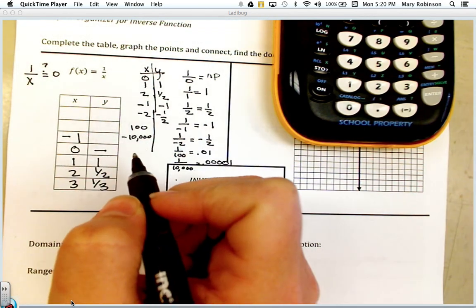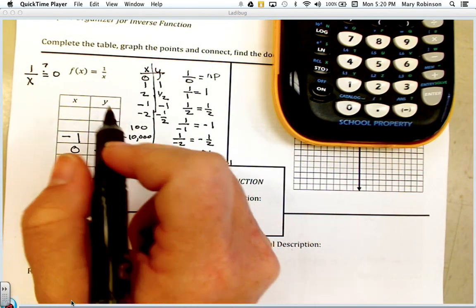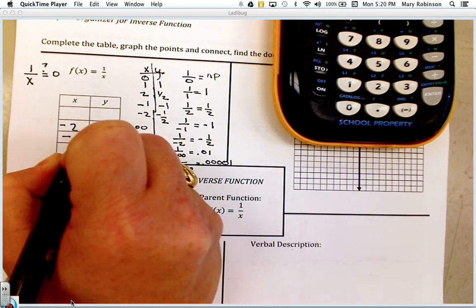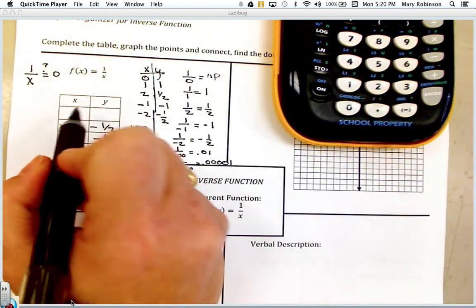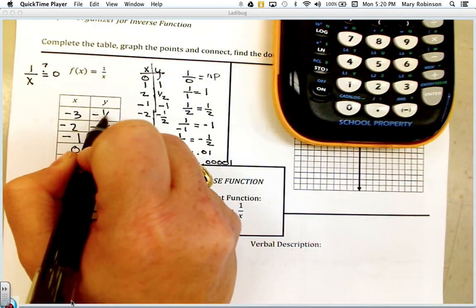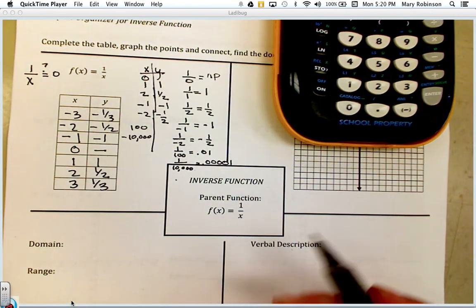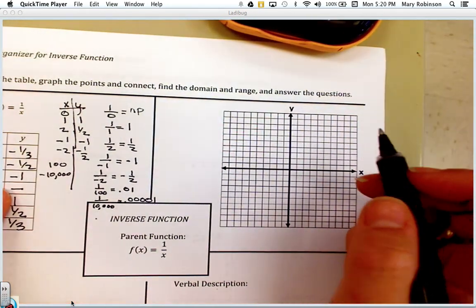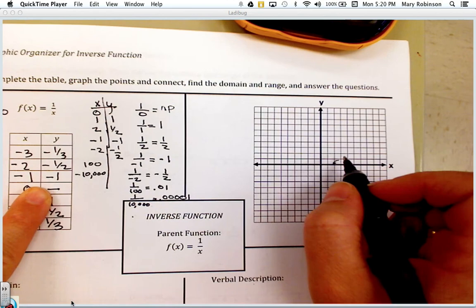If we input a negative 1, we get negative 1. If we put in a negative 2, negative 1 half. And negative 3, negative 1/3. If we think about what that might look like on our graph, I'm going to put coordinates but not connect them here from our table.